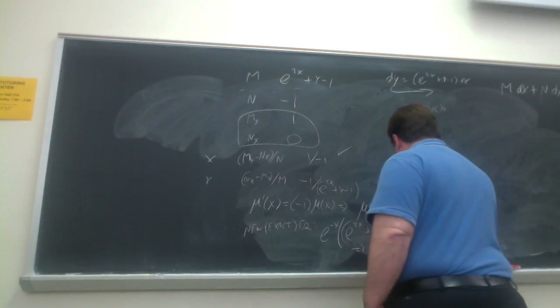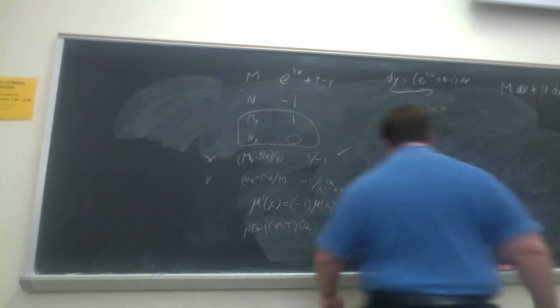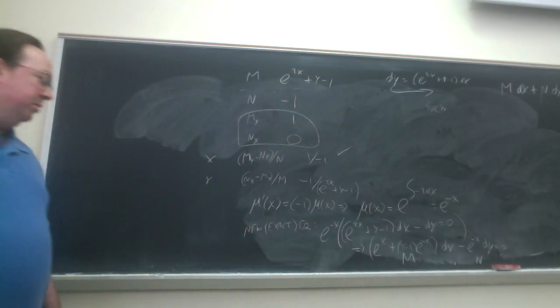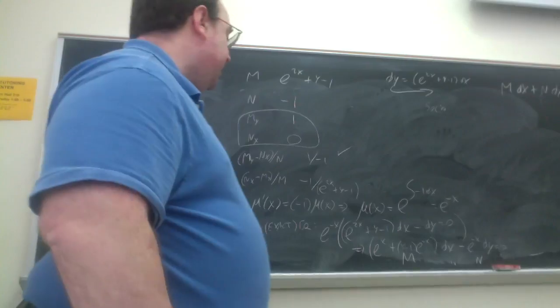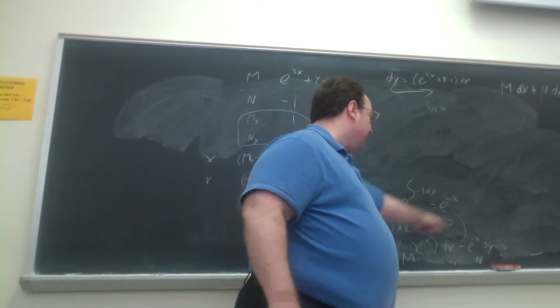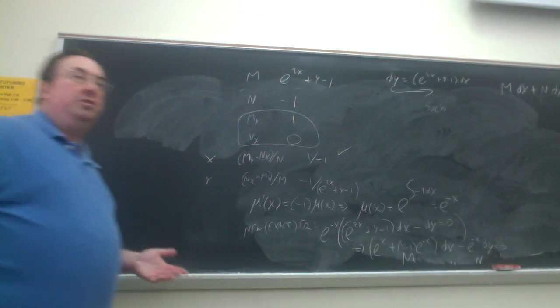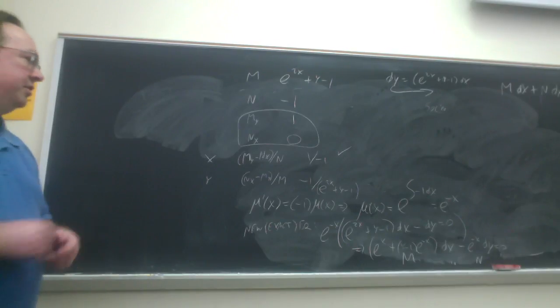So this is your new M, and this is your new N. And if you were to take derivatives of this with respect to y and this with respect to x, they would match.